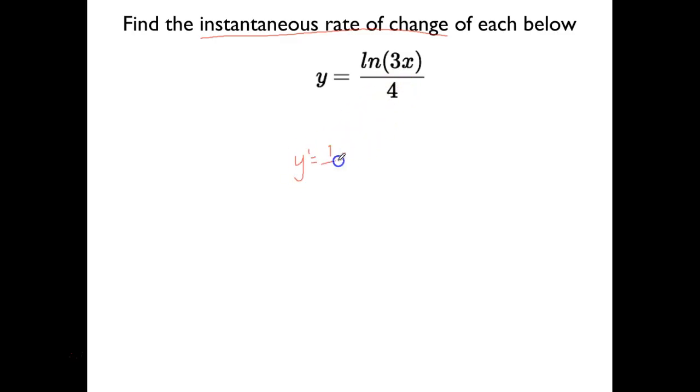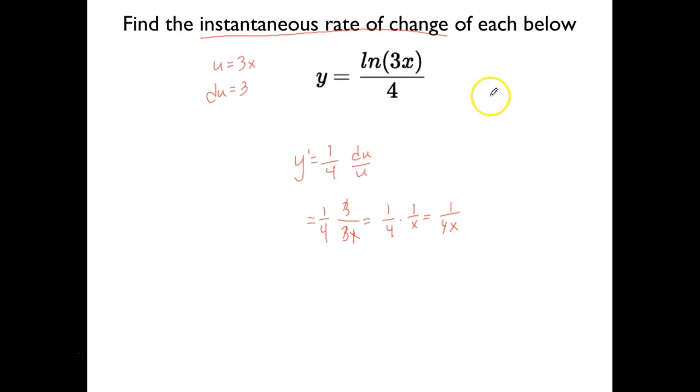What I usually think of it as is a 1/4 in the front, then we're going to have du over u. u is 3x, du is 3. So the derivative is 1/4 times 3 over 3x. If you notice, you can simplify this: the 3's cancel, leaving us with 1 over 4 times 1 over x, which is 1 over 4x.